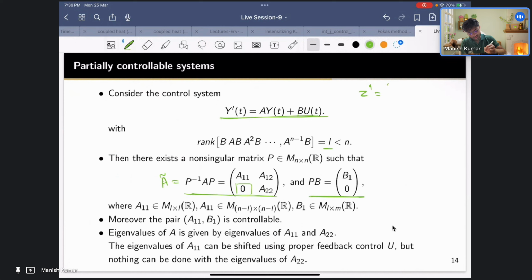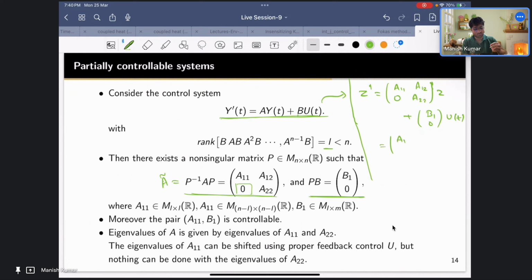So Z prime would be A11, A12, 0, A22, times Z, plus this B1, 0, and then you will have U. This kind of system. Let me first write it in further detail.